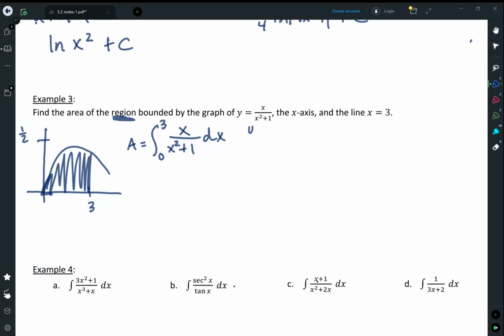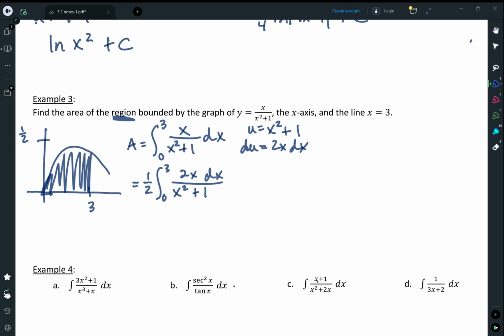So if my u is x squared plus 1, my derivative of u, my du, is going to equal 2x dx. So I would need to multiply by a 2. So I also need to multiply by a 1/2. So I'm going to write equals 1/2 times the integral from 0 to 3 of 2x over x squared plus 1 dx. And I could even write the dx in the numerator, right? It doesn't matter.